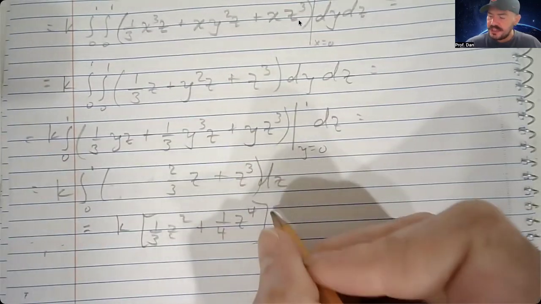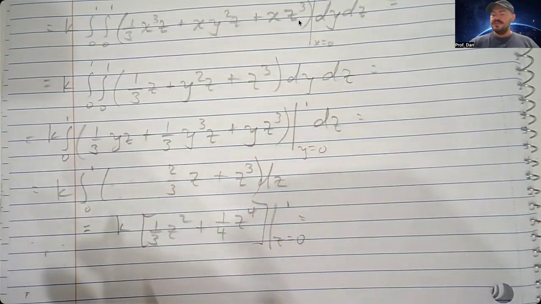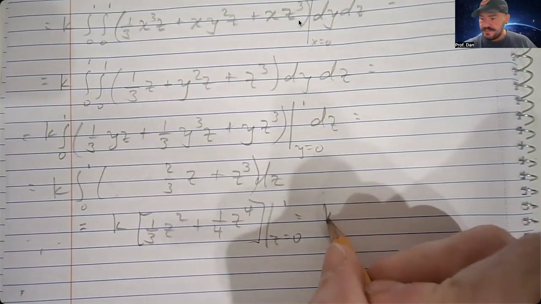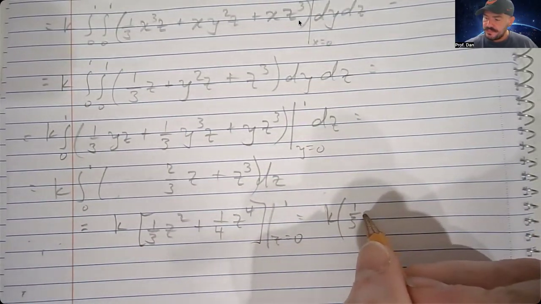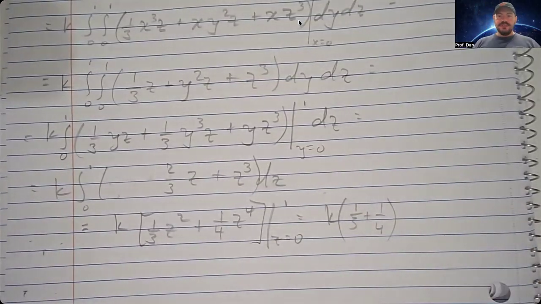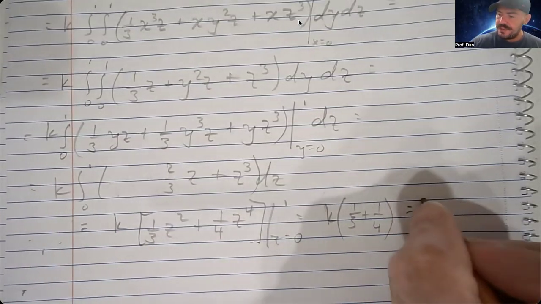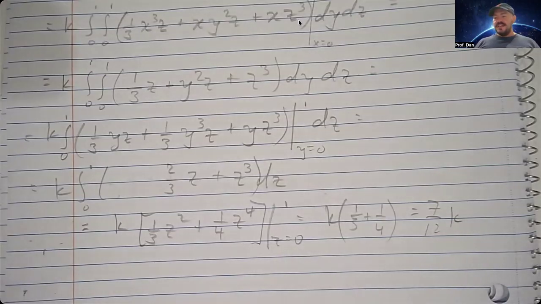And again, we're going to evaluate this from z equals 0 to z equals 1, which will result in 1/3 plus 1/4 times k. If you add 4/12 plus 3/12, you get 7/12. So 7/12 k is going to be my moment along the xy plane.